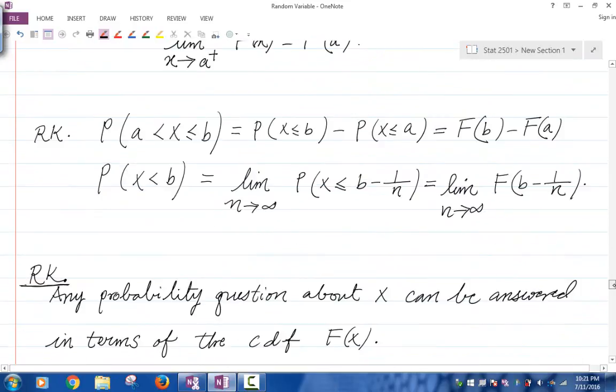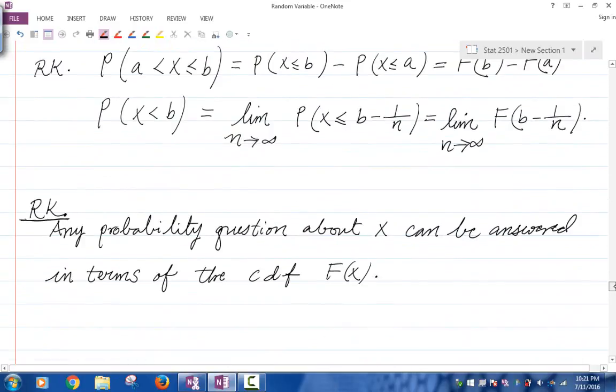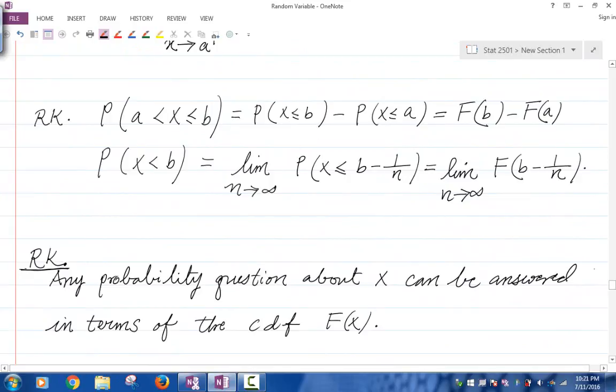Okay, so I want to make 2 more remarks here. The probability that X is strictly greater than a and less than or equal to b is the same as the probability that X is less than or equal to b minus the probability that X is less than or equal to a, which can be expressed in terms of the CDF function as F of b minus F of a.